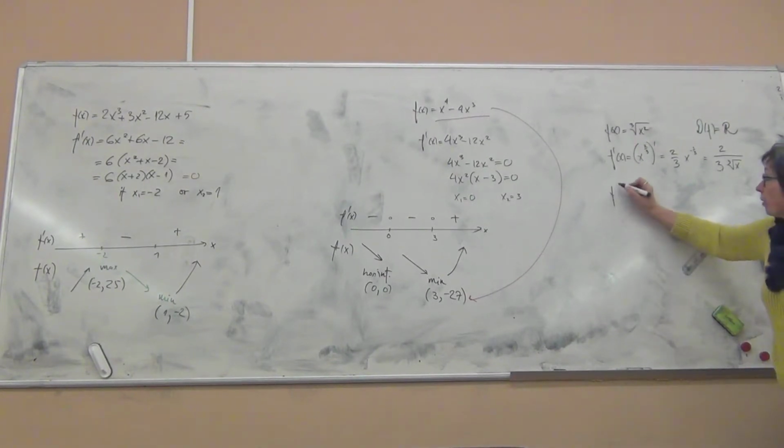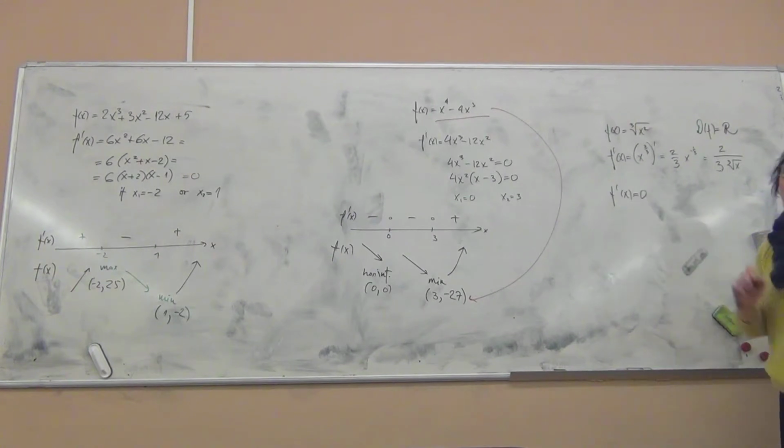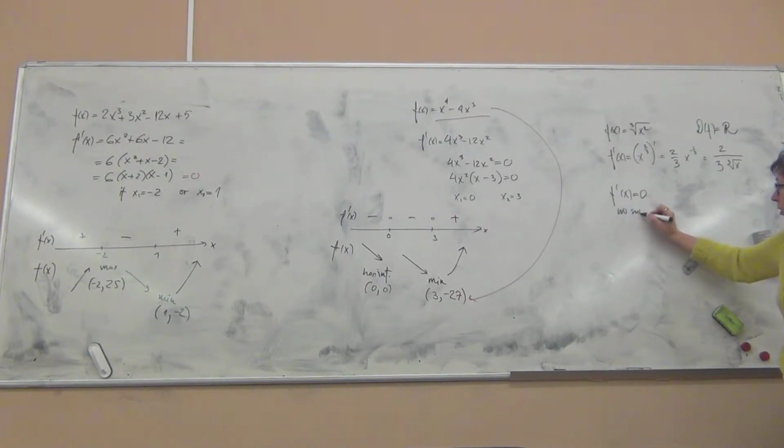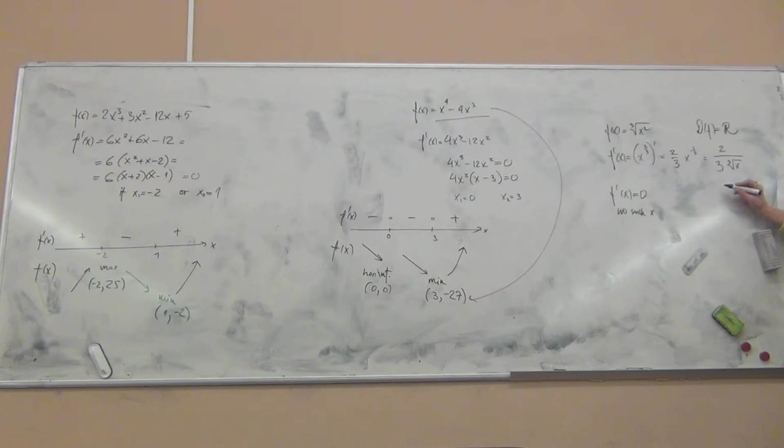So we can ask for the derivative to be equal to 0. No, there's no such x value. So the derivative is never equal to 0, but there is a point where it doesn't exist. If x is 0, the derivative of 0 does not exist.